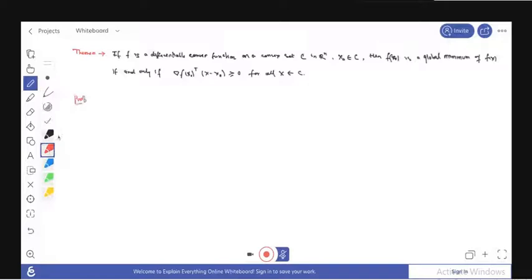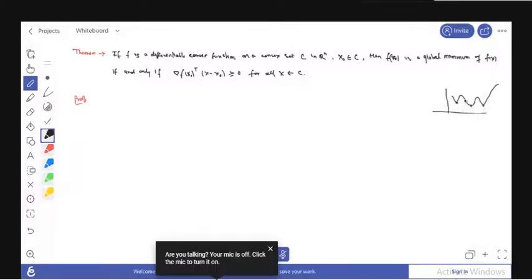Sir, what will be the sense of global minimum here? Global minimum means, suppose there is a function like this. Here there is a minimum, here some minimum, and here some minimum, and you can find a minimum in any interval.